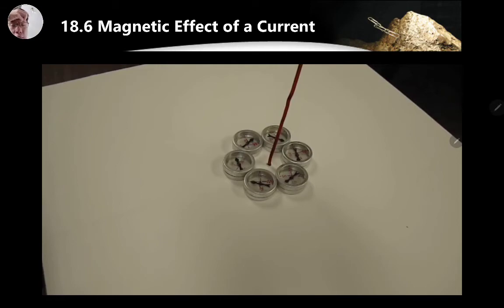Yeah, and the reason why I'm emphasizing this again and again is really because this is the first time that you're exposed to something like this, just as it was the first time that Ørsted was exposed to something like this, right?